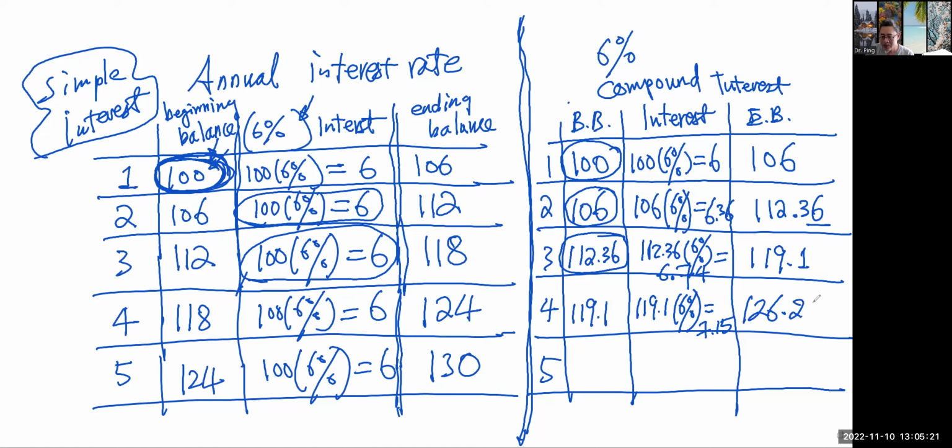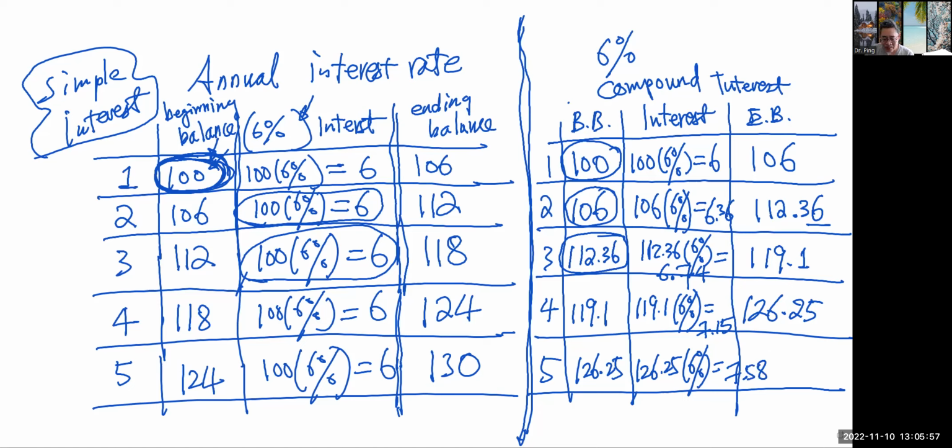Yeah, around that. Now for the fifth year, 126.25 times 6% equals $7.58.